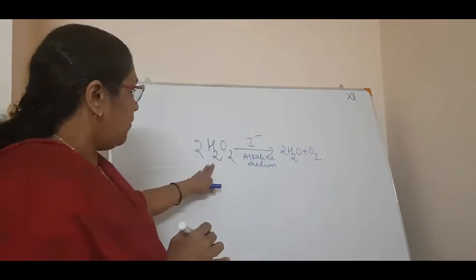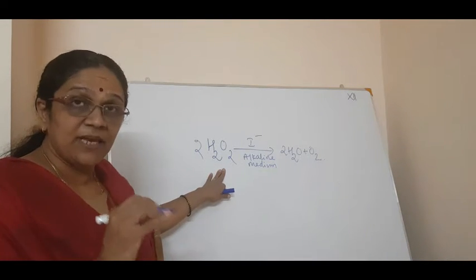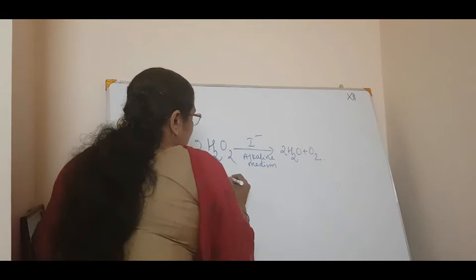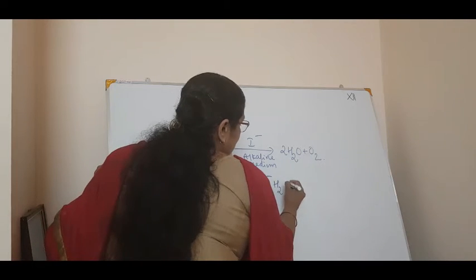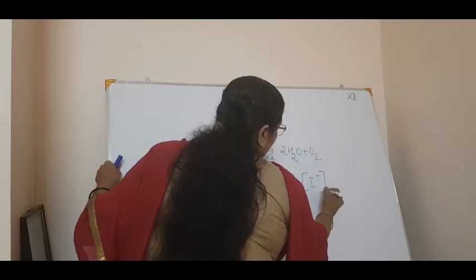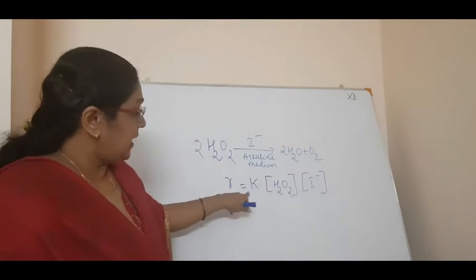Okay. Now, when the rate of a reaction is determined experimentally, listen, the rate comes to be, rate is equal to a constant K into the concentration of H2O2 and the concentration of I minus. See, experimentally you got this.